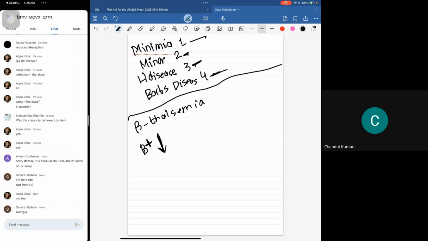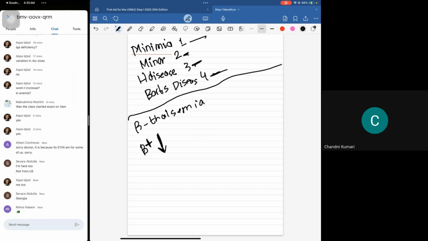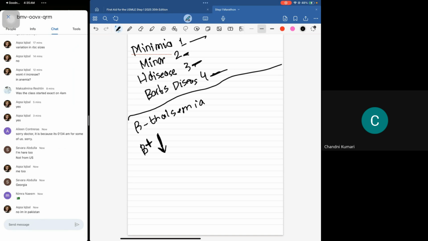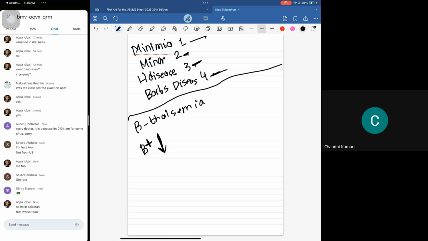Aksa, don't you live in the US? I'm going to find some other time that works. What if I do 8 p.m. US time, but then it's 5 a.m. Pakistani time. Maybe 10 or 11 p.m. EST, which is 8 in Pakistan. Maybe then people can come. We can see by trial and error which works the most.